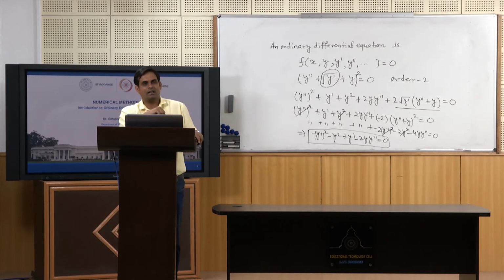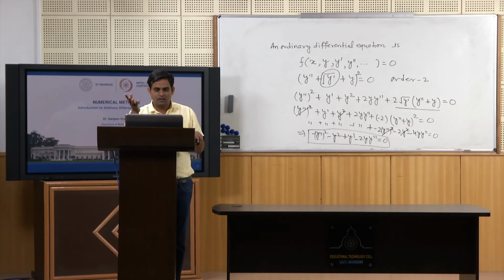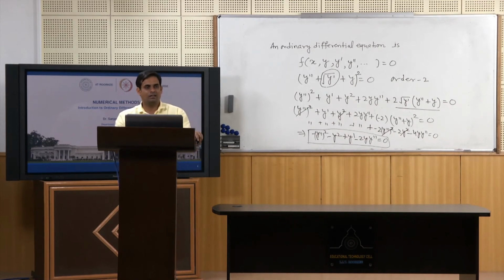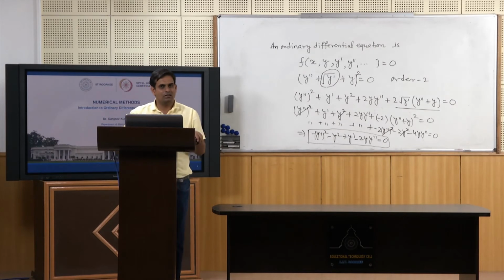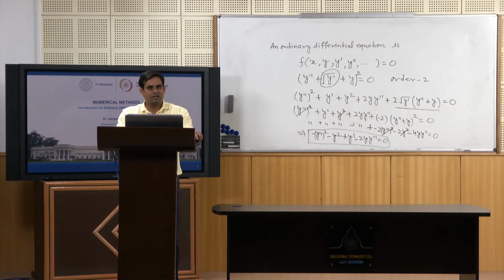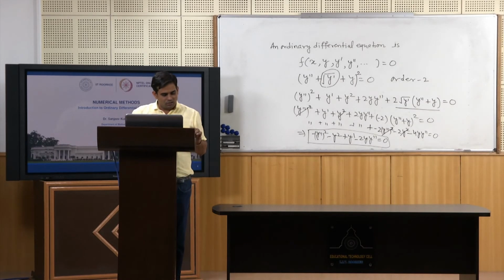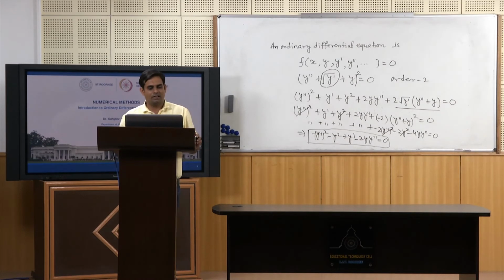Similarly, if you have a second order equation, we will have two arbitrary constants in the general solution. So, if you have an nth order ODE, then you will have n arbitrary constants in the general solution, and to eliminate those constants for getting a particular solution we need some conditions.